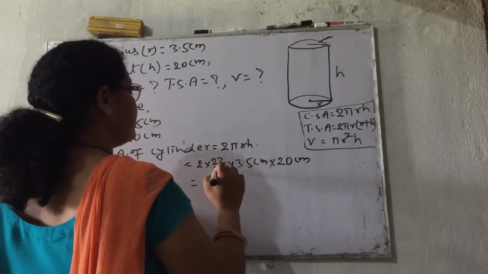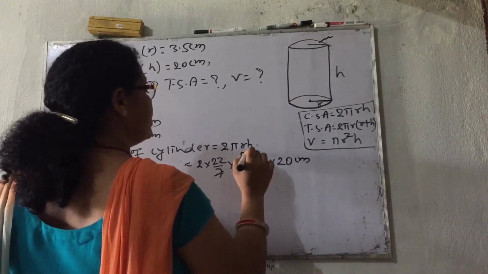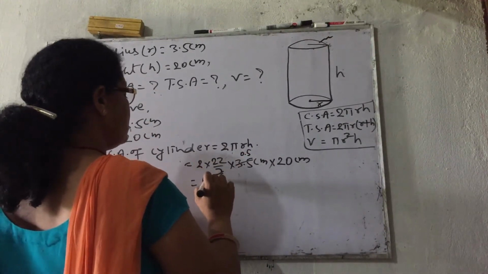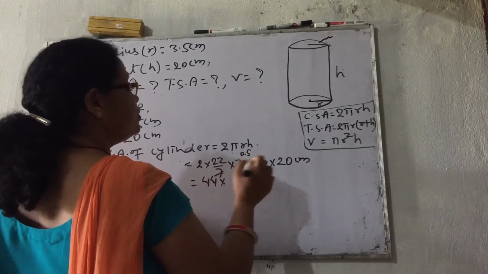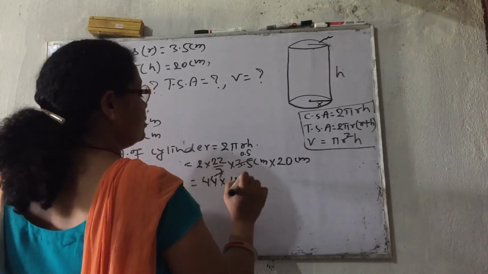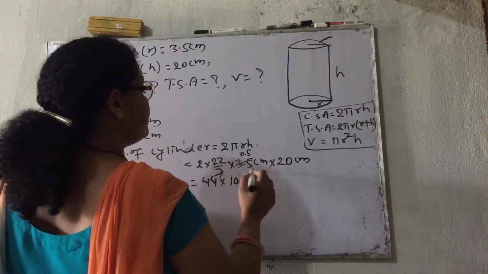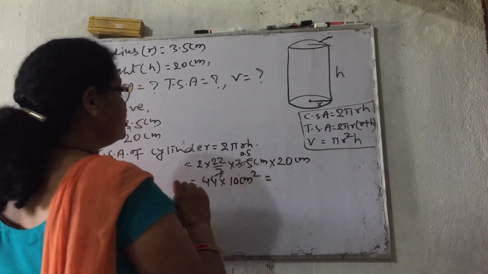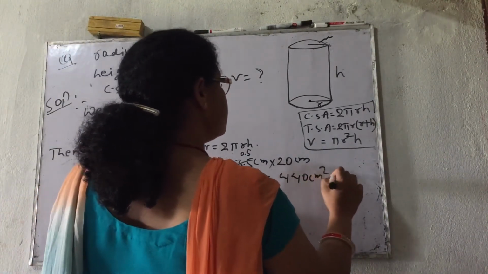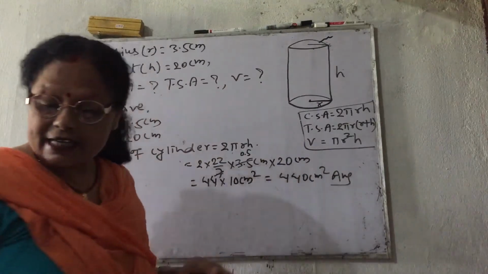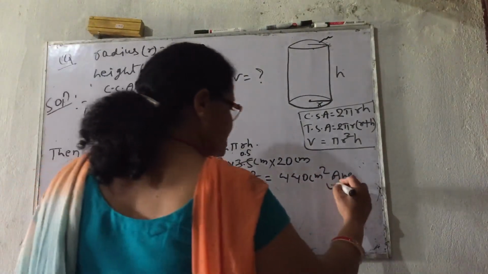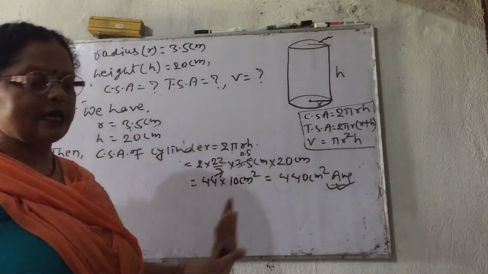After dividing this you will get 0.5 for 3.5, so 22 to the 44 into, after multiplying this, 10 cm square. Altogether it will be 440 cm square, its CSA. 440 cm square is its curved surface area.